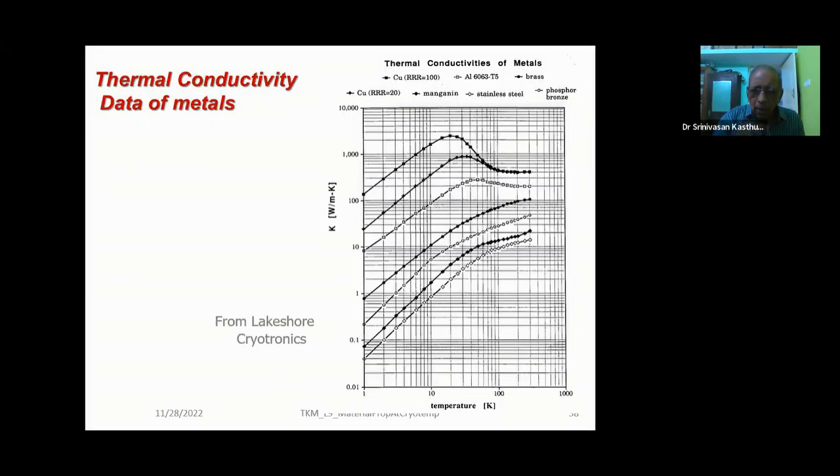Right. Okay. So there are RRR value 100 and RRR value 20. What is RRR? Residual resistivity ratio. So it is the value of the resistance at 300 Kelvin to the value of resistance at 4 Kelvin, or at any other low temperature.